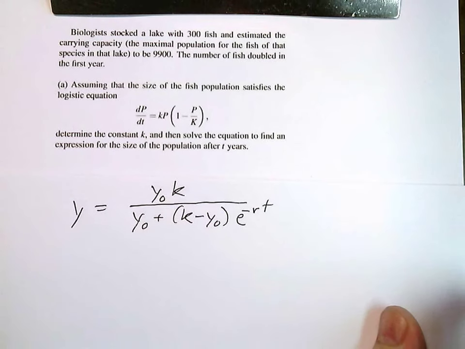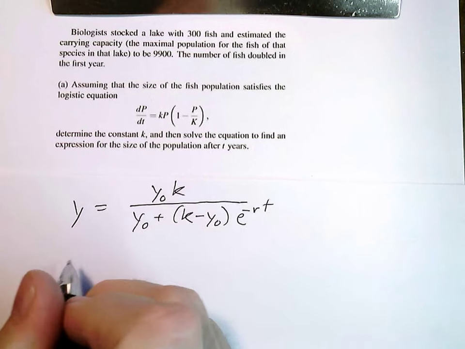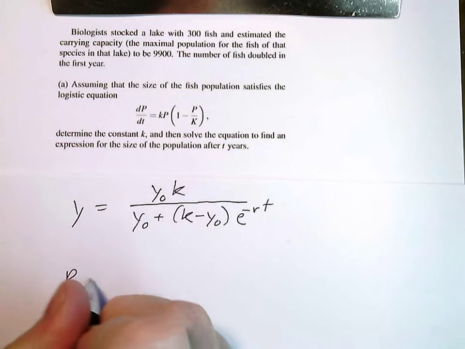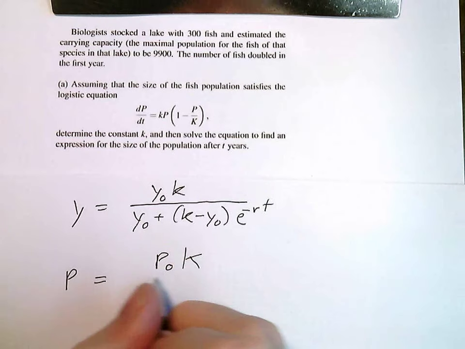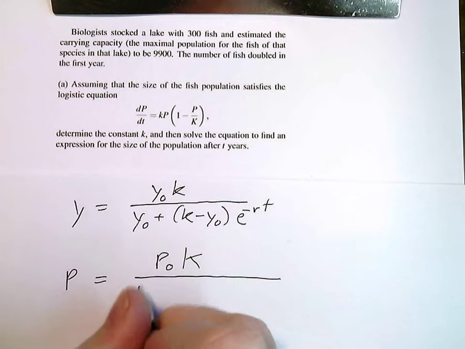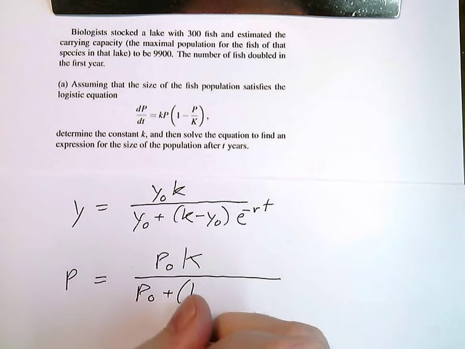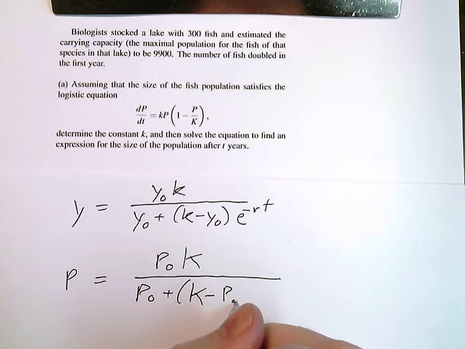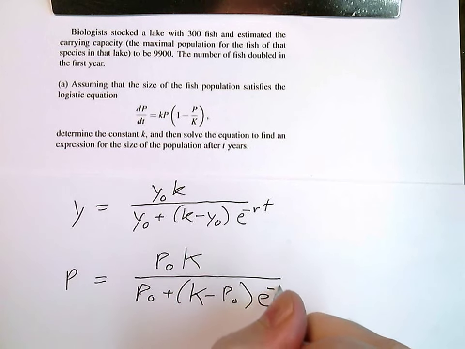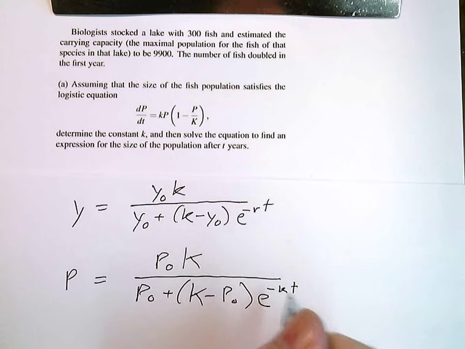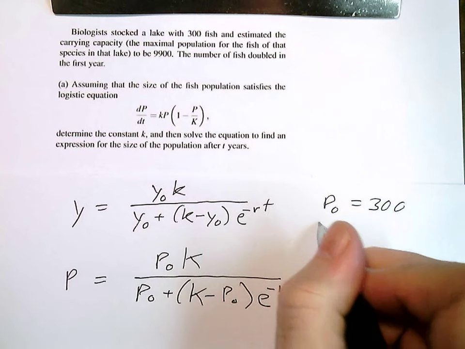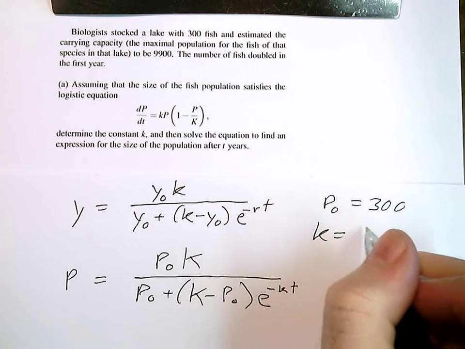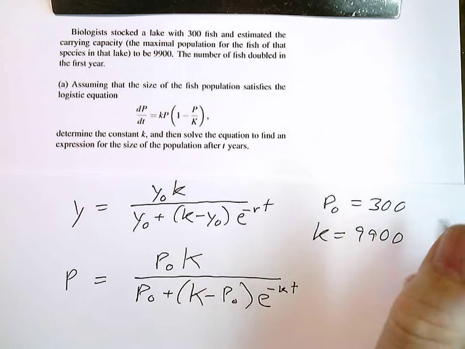So this is a little bit different than this equation here, but we just translate this. So my P here is P naught times capital K over P naught plus capital K minus P naught, times e to the minus little k t. And we know P naught here is 300, and capital K is 9,900.